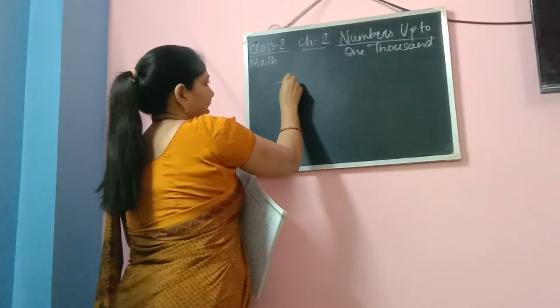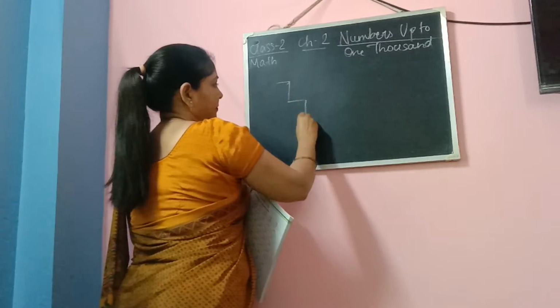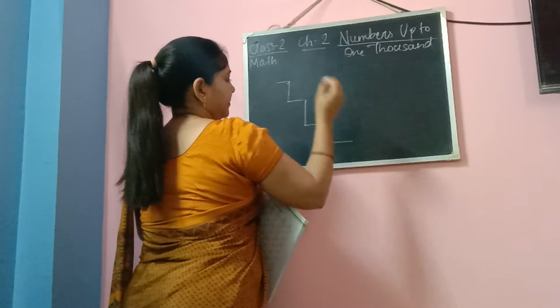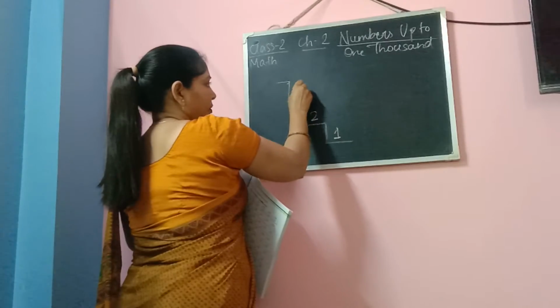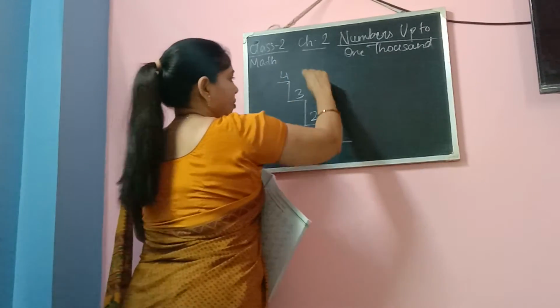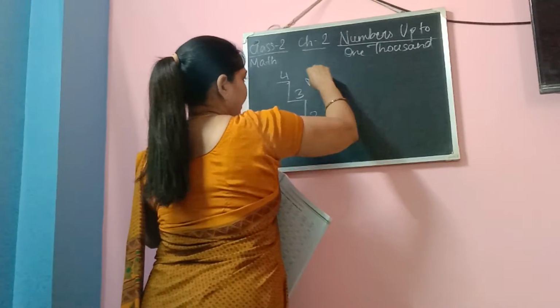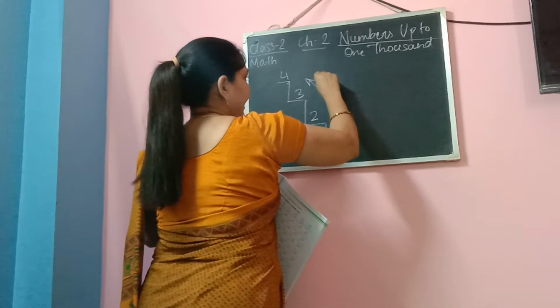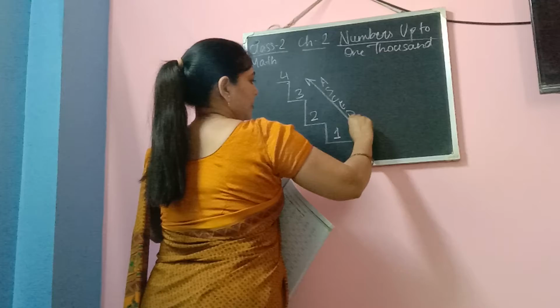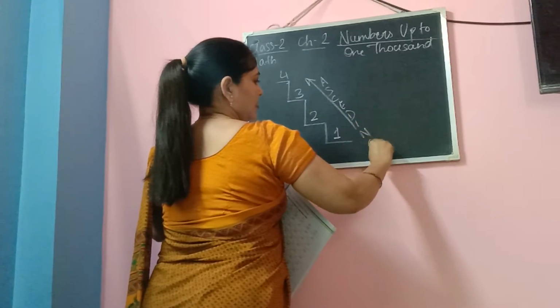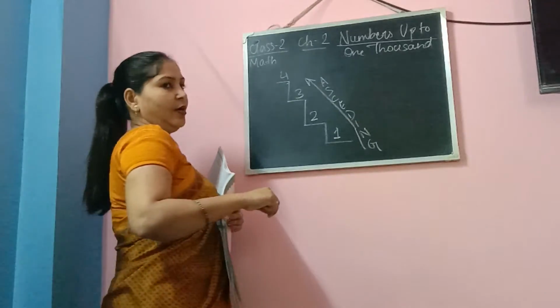So in this way, now here we have numbers 1, 2, 3 and 4. So what are we doing? We are climbing up. So this is called ascending. This is an ascending order.